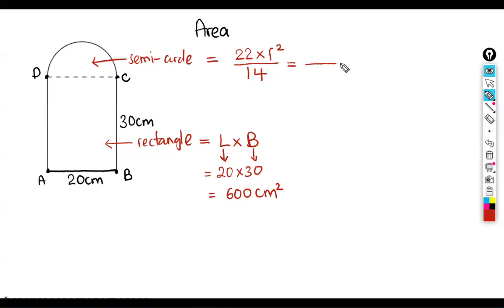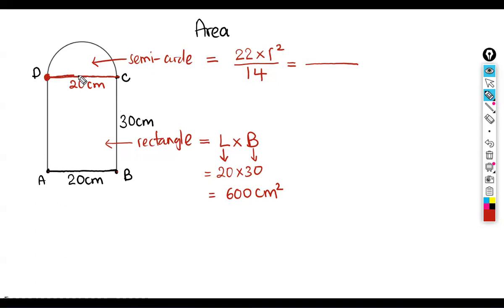For the one on top, the semicircle, I didn't really give you the radius. But if from A to B is 20, from D to C is also 20, the opposite sides of a rectangle are equal. Now, quick question.